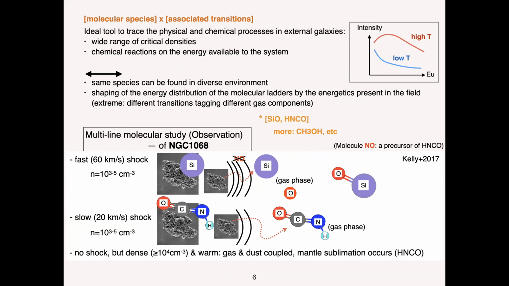Here I use below 50 kilometers per second as the cut for fast versus slow. In my definition, the HNCO abundance won't be enhanced in the fast shock region or strong shock region. So this is why we have this idea of differentiation, and then we carry on to our analysis.